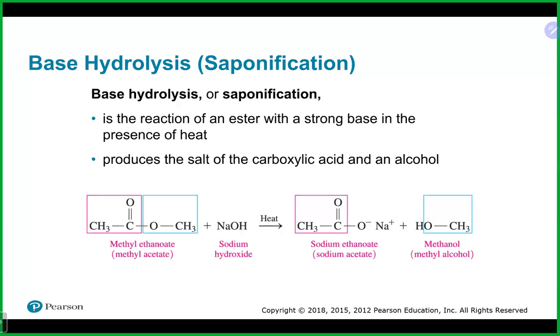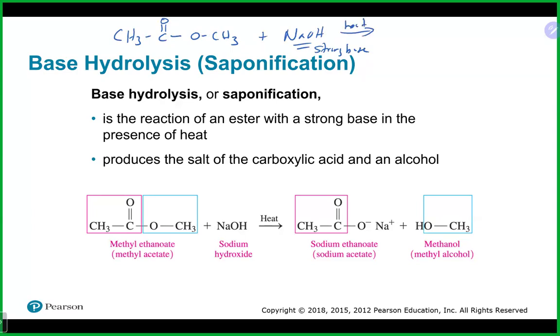So what happens again, if we kind of look at this here, and the way you can kind of tell the difference between, say, the acid hydrolysis and the base hydrolysis is we have here again a strong base involved. And that's going to tell you it's going to do really the base hydrolysis here. We also have some heat there.